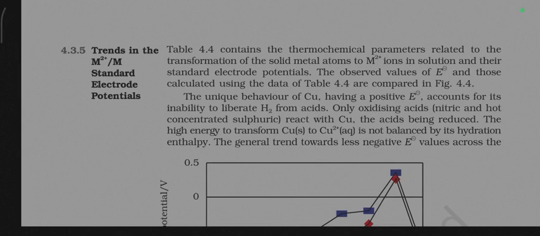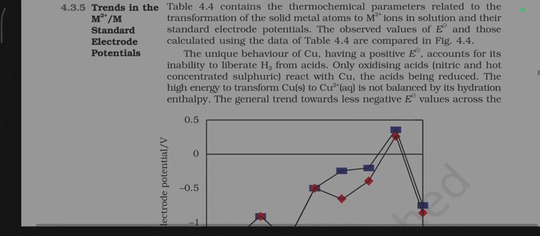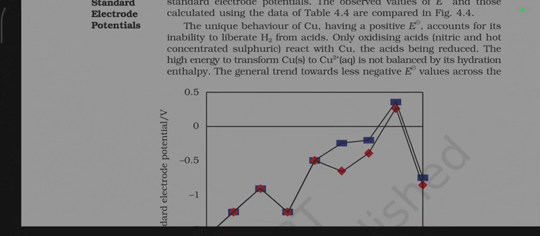The unique behavior of Cu, having a positive E°, accounts for its inability to liberate hydrogen from acids. Only oxidizing acids, nitric acid and hot concentrated sulfuric acid, react with Cu, the acid being reduced. The high energy to transform Cu to Cu2+ is not balanced by its hydration enthalpy.